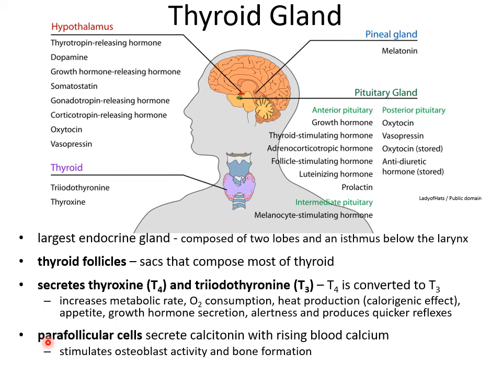Your parafollicular cells will secrete calcitonin, and that's going to stimulate osteoblasts to deposit more bone, more hydroxyapatite, if you recall from that unit. So you can store that calcium for later use.